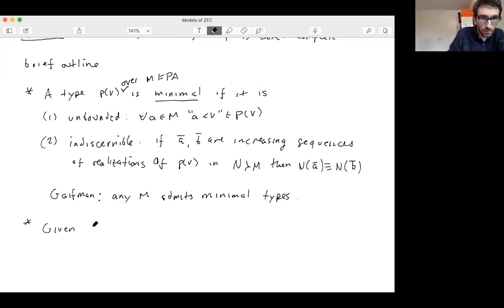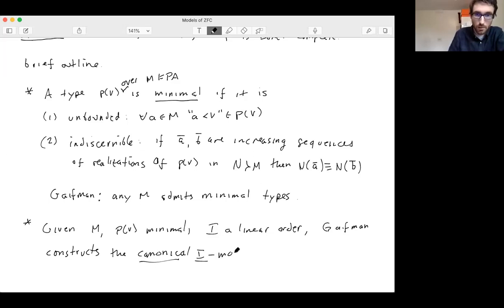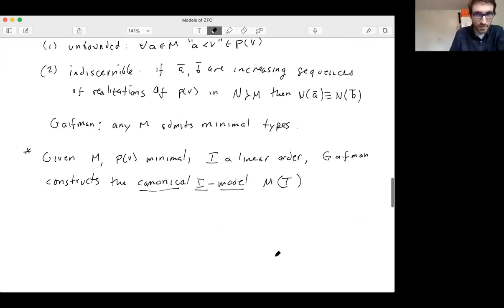So given M, p(v) minimal, and I a linear order, Gaifman constructs a canonical I-model relative to p, M(I). And M(I) is generated over M by an I-sequence of indiscernible realizations of p.